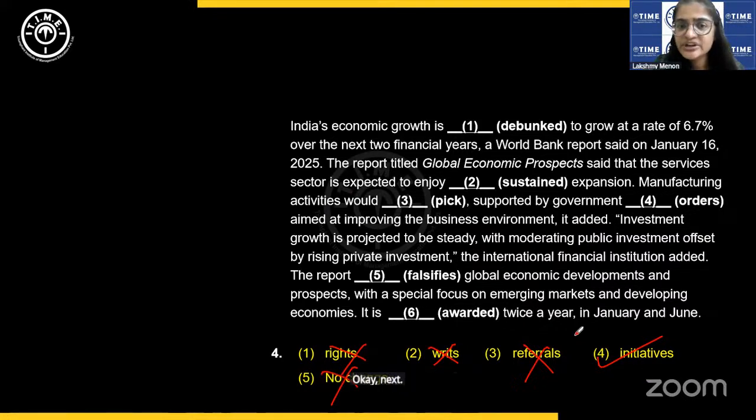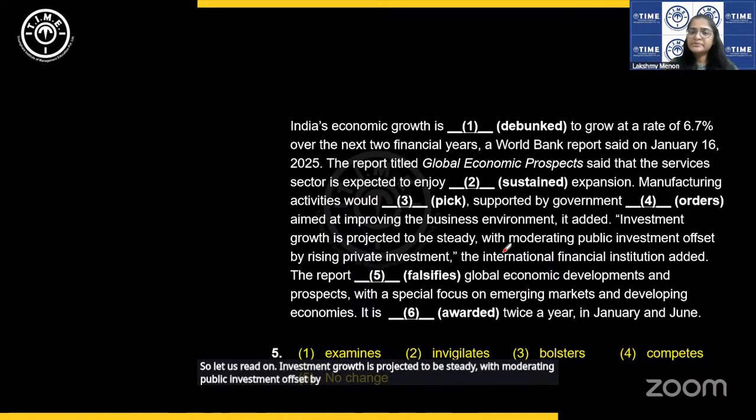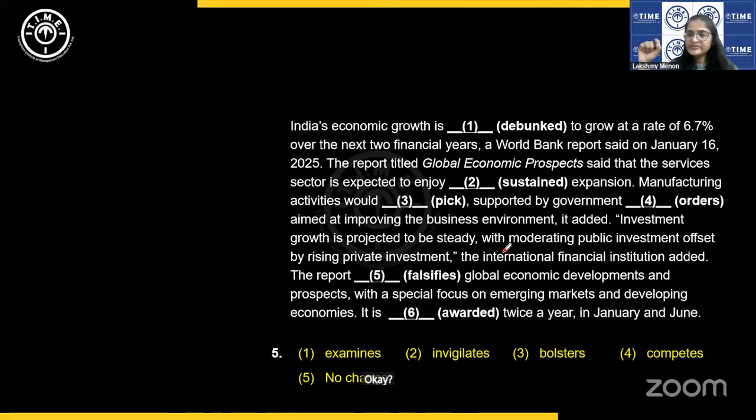So let us read on. Investment growth is projected to be steady with moderating public investment offset by rising private investment. Okay. The international financial institution added. So, investment growth will be steady. The report falsifies global economic developments and prospects.